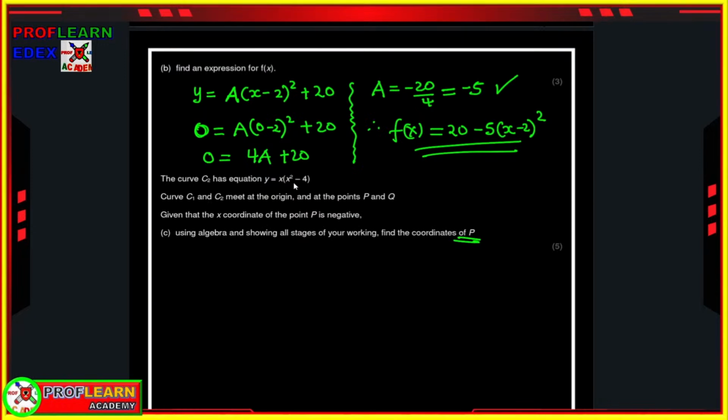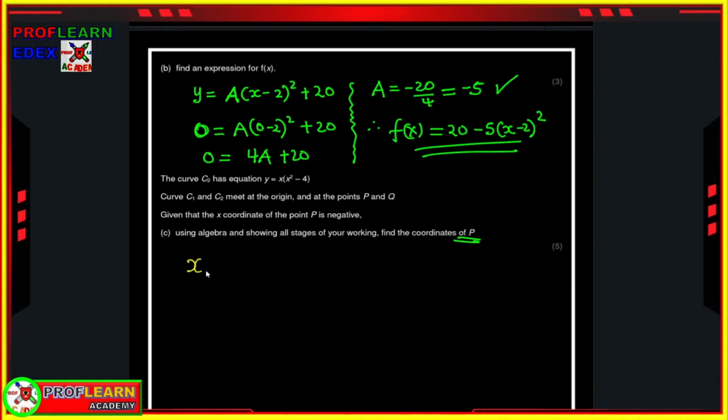Curves C1 and C2 meet at the origin and at the point P, Q. So, given that the x coordinate of the point P is negative, using algebra and showing all your stages, find the coordinates of P. If they are meeting, then we are going to equate the two.